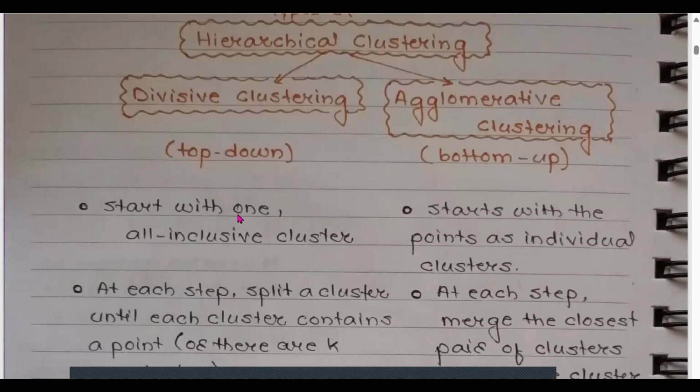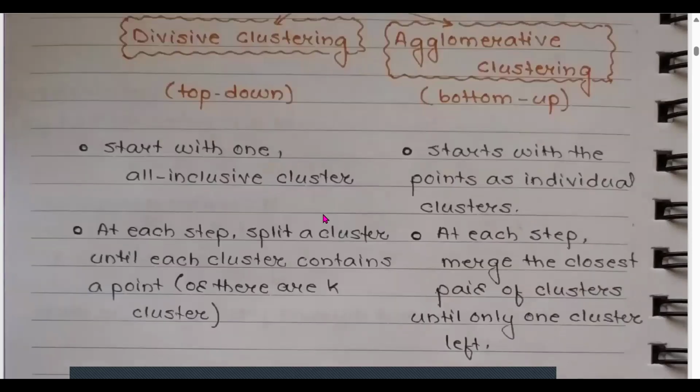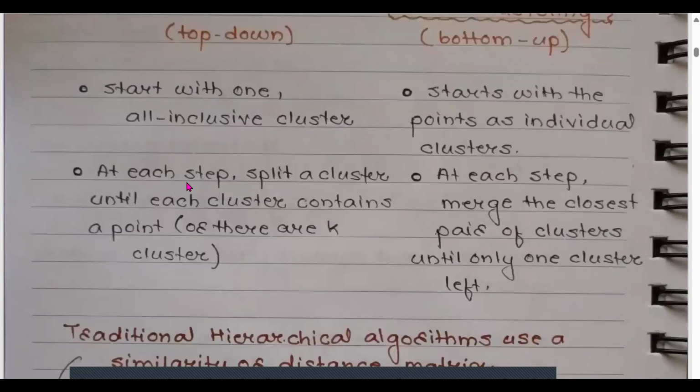Divisive starts with one all-inclusive cluster. Agglomerative starts with the points as individual clusters. At each step, divisive splits a cluster until each cluster contains a point, or there are k clusters. At each step, agglomerative merges the closest pair of clusters until only one cluster is left.